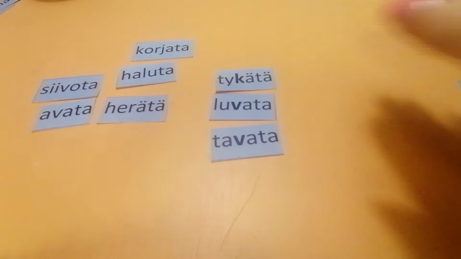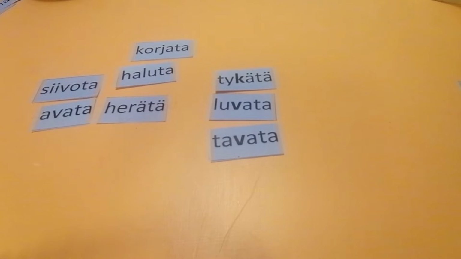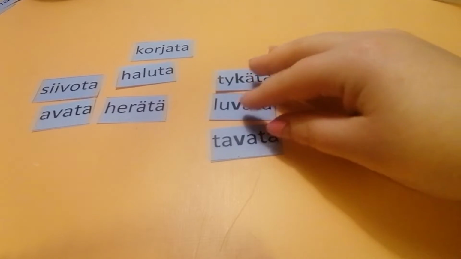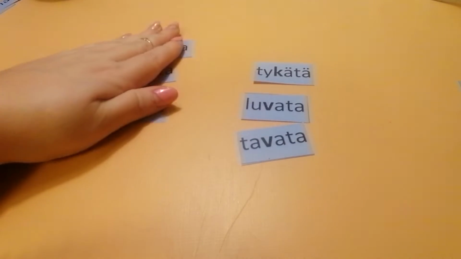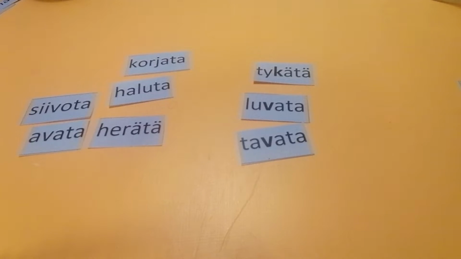Hello, welcome to see how to conjugate a Finnish verb type number 4 in present. So we have here two kinds of verbs. These we have KPT changing, and these we don't have the KPT changing.